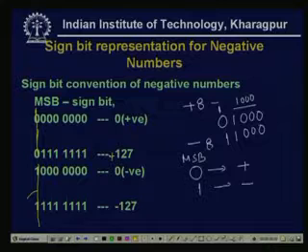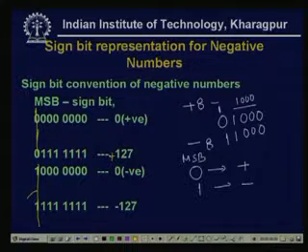This is 1, so this is a negative number. This is 1, so this is a negative number. Now see, if it is a 7-bit representation with all bits 0 and MSB 0, I am telling this is a positive 0. Why? See, again 1 with all 0, this is a negative number, so as if this is a negative 0.